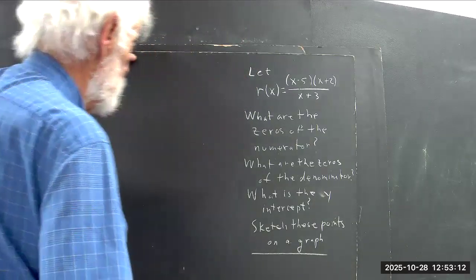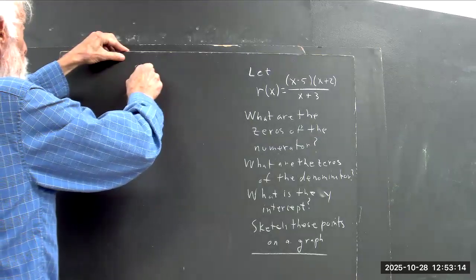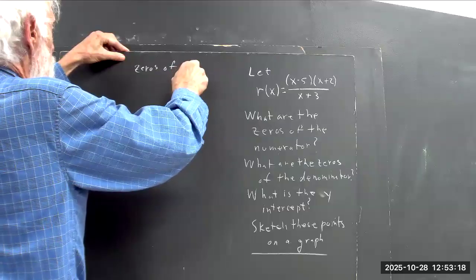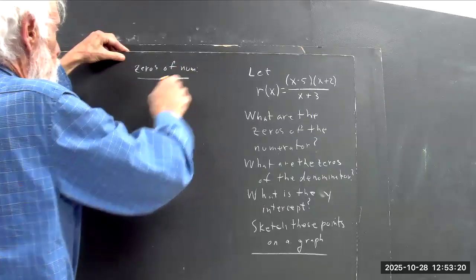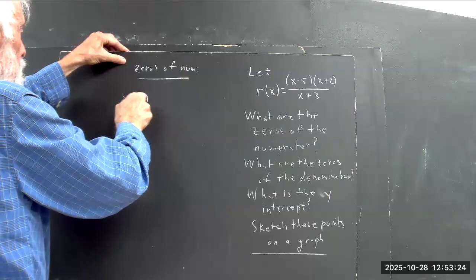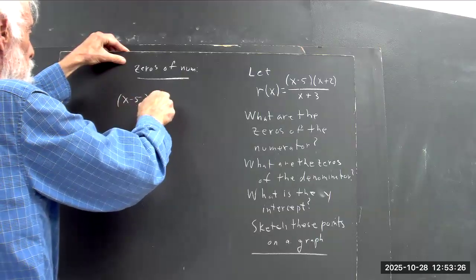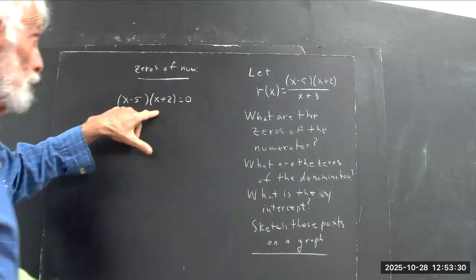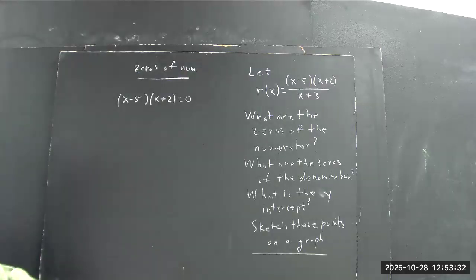Okay, zeros are the numerator. There's the numerator, you set it equal to 0.